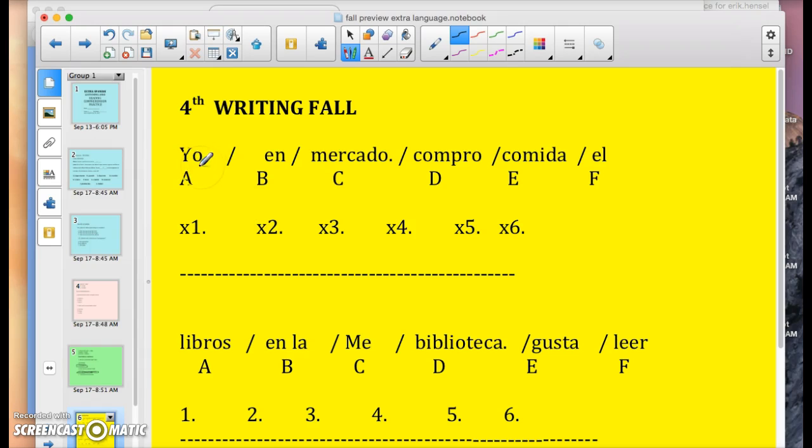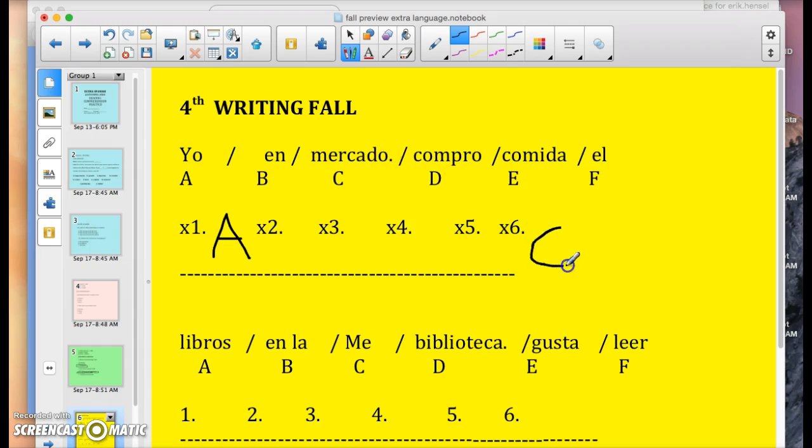And just like in English, we know that sentences start with a capital and end with a period. So we know that the first word here is going to be yo. So the first letter is going to be the letter underneath it, and it's going to be A. And we know that the last one is going to be mercado because it's got the period.